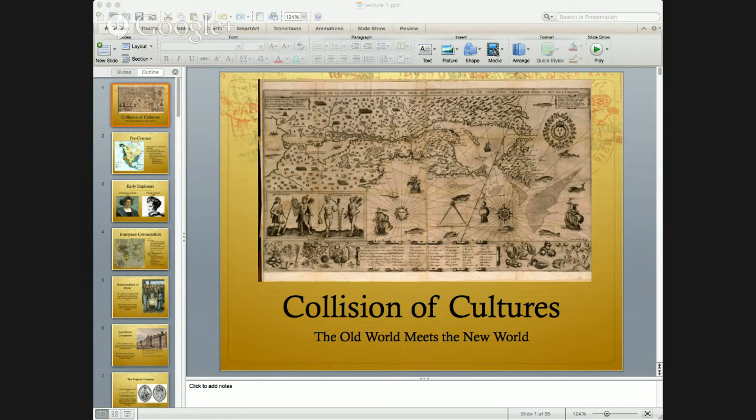And what sent it further into impact was the recognition that tobacco was a lucrative source of revenue. And John Rolfe recognized this in 1612.